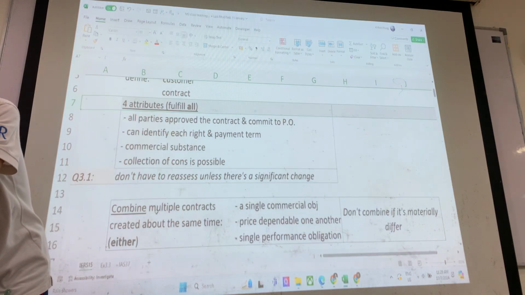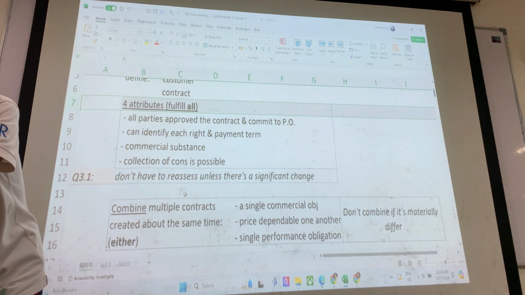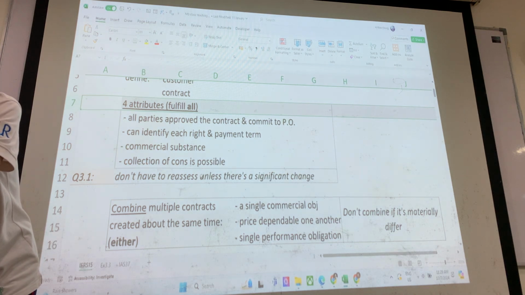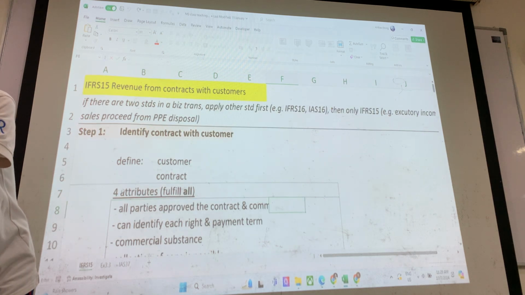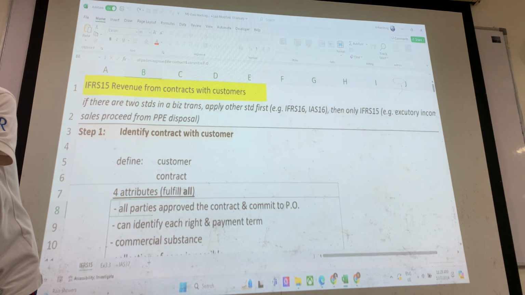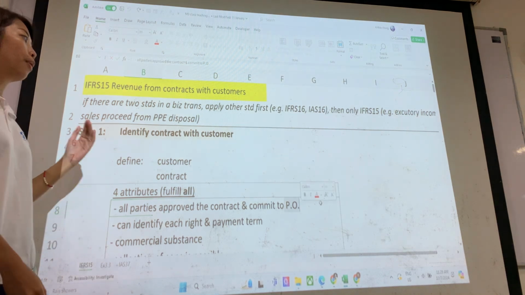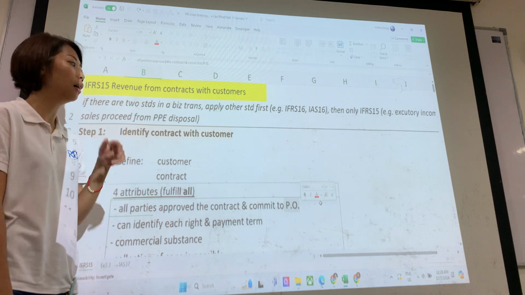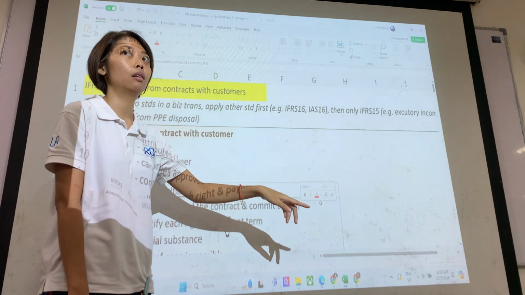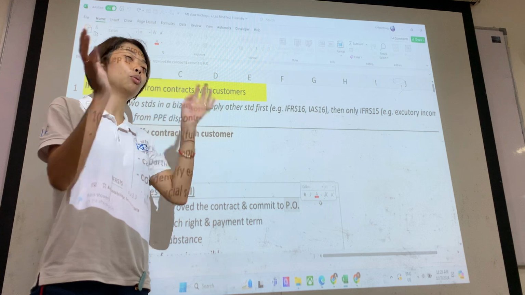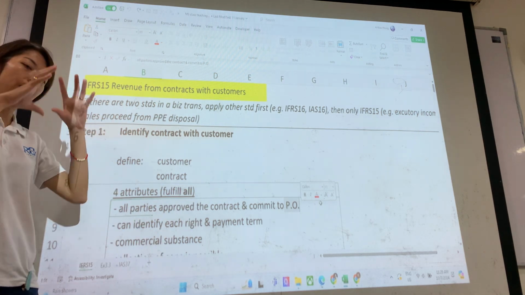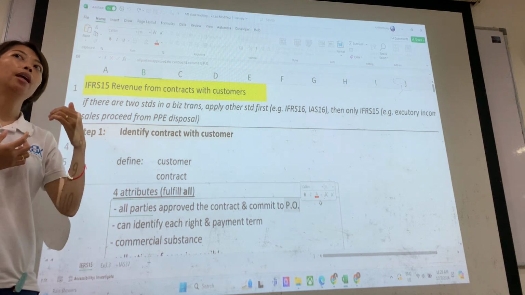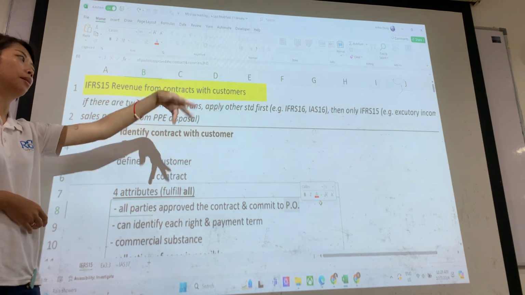Now, for some students who studied module 1 already, you might be confused a little bit, because in the conceptual framework the liability element is a present obligation, and then this one is performance obligation. In the past, some students mixed these up. Actually, these two are different things. Liability, present obligation, means at the present moment, I'm obliged to pay back to the supplier because the supplier sold me something.